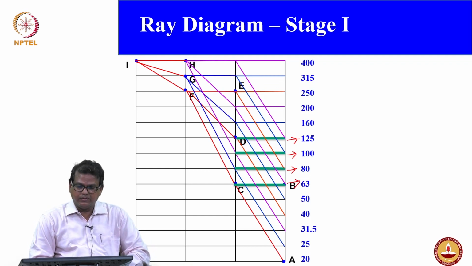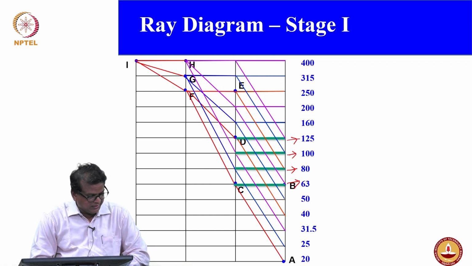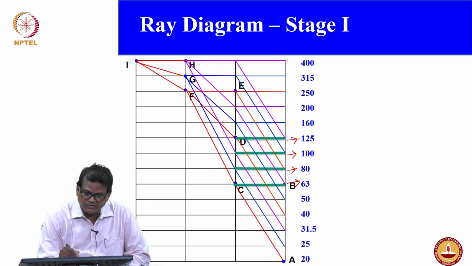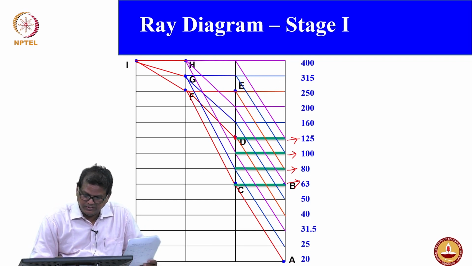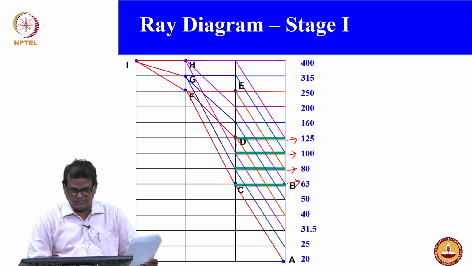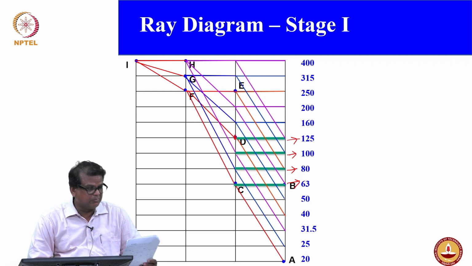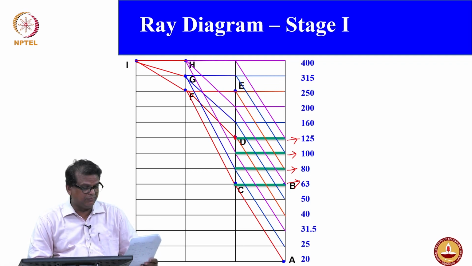So there is a possibility that we can have 2 different diagrams. You can have one way as A, B, C, D. What is the other possible way if you are using 125 RPM?